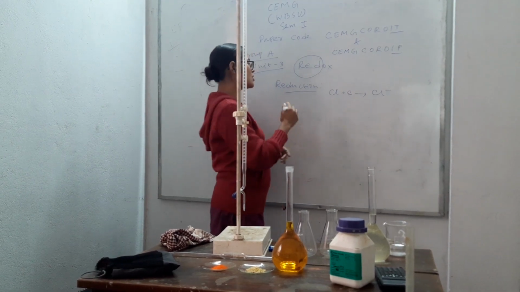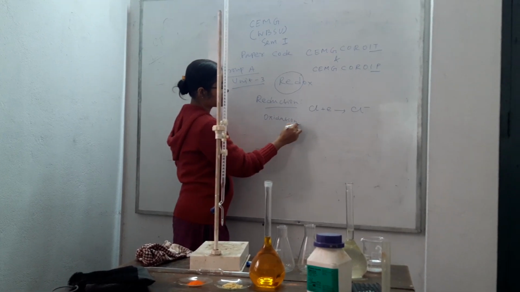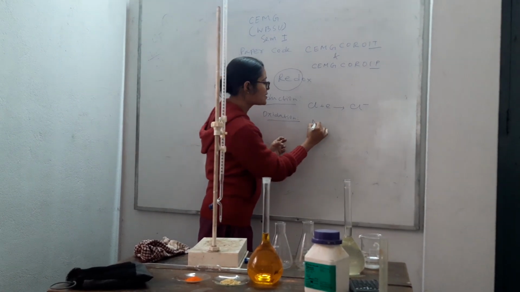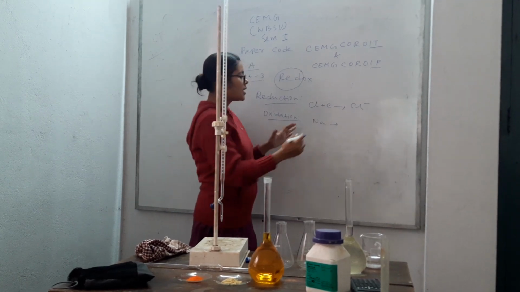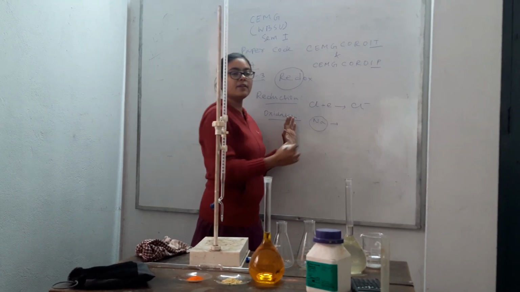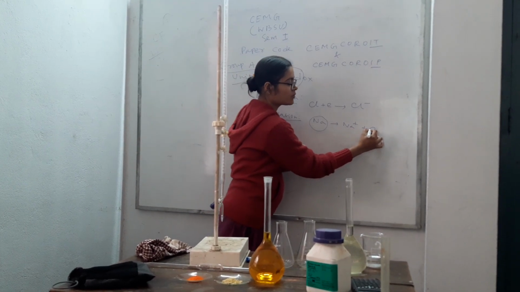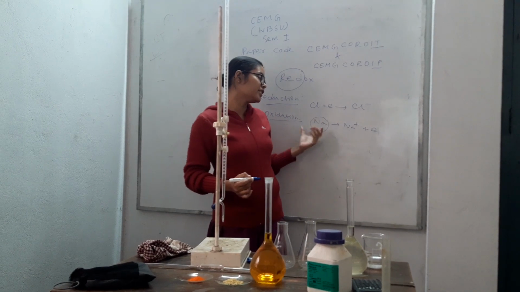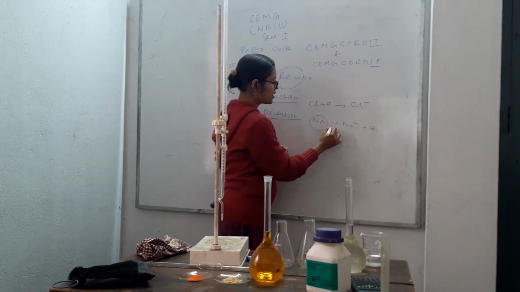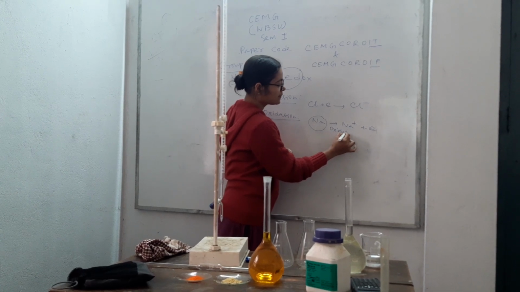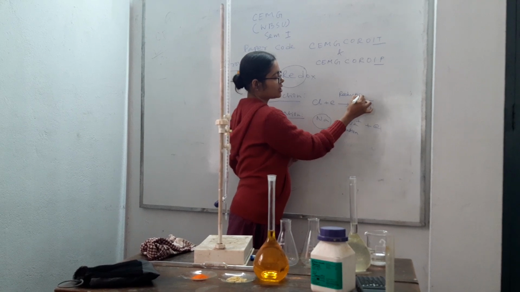And the oxidation is just reverse. If some species give up electrons, of course, like sodium atom, it forms Na plus and one electron. If the electron leaves out from any species, then it is called the oxidation. So it is oxidation reaction, and this is the reduction reaction.